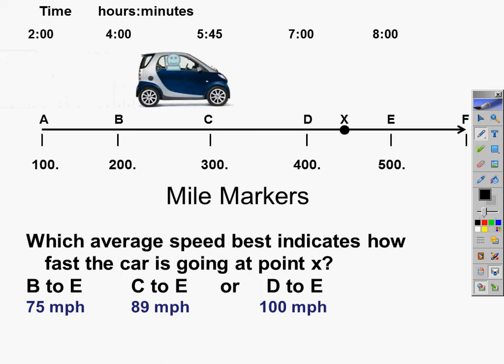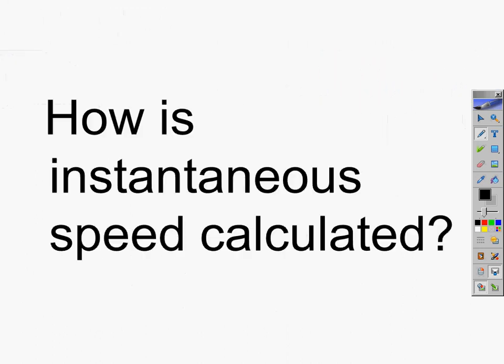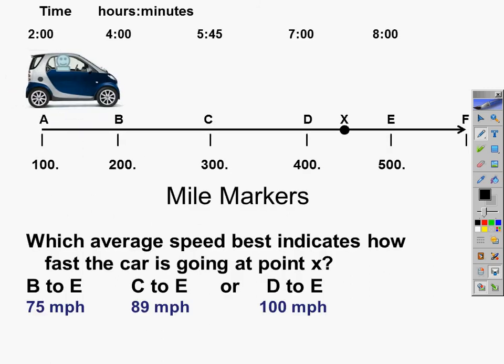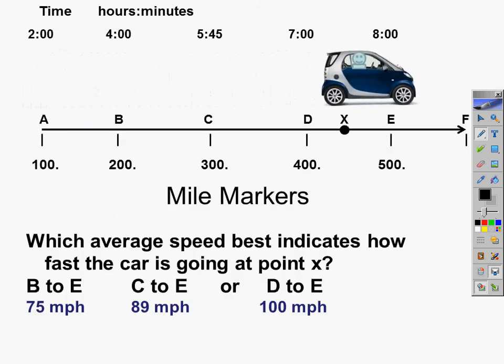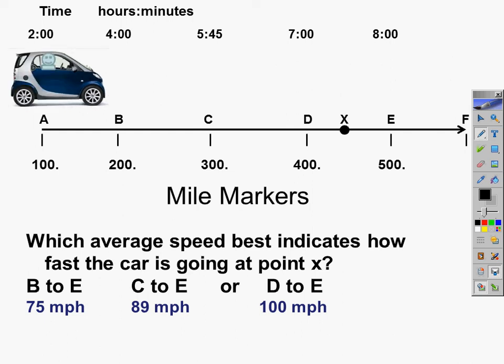If we were going to use one of those three calculations as a best estimate for instantaneous speed, which average speed best indicates how fast the car is going at point X?